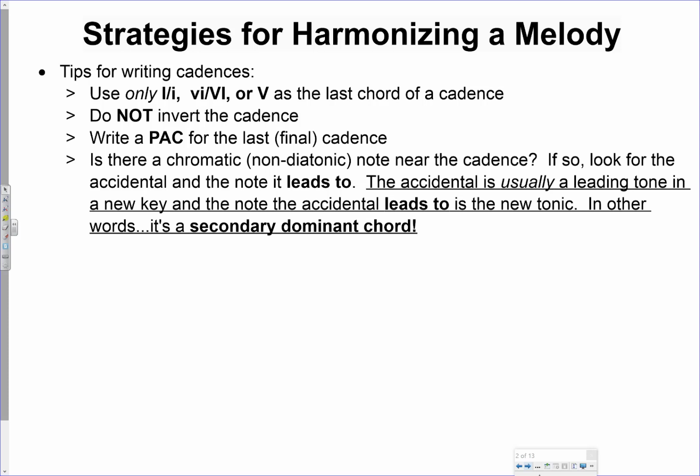The accidental is usually a leading tone in a new key, and the note the accidental leads to is the new tonic. So in other words, if you see an accidental that's not part of the key, we're dealing with a secondary dominant chord, where you're going to have, for example, a 5 of 5.